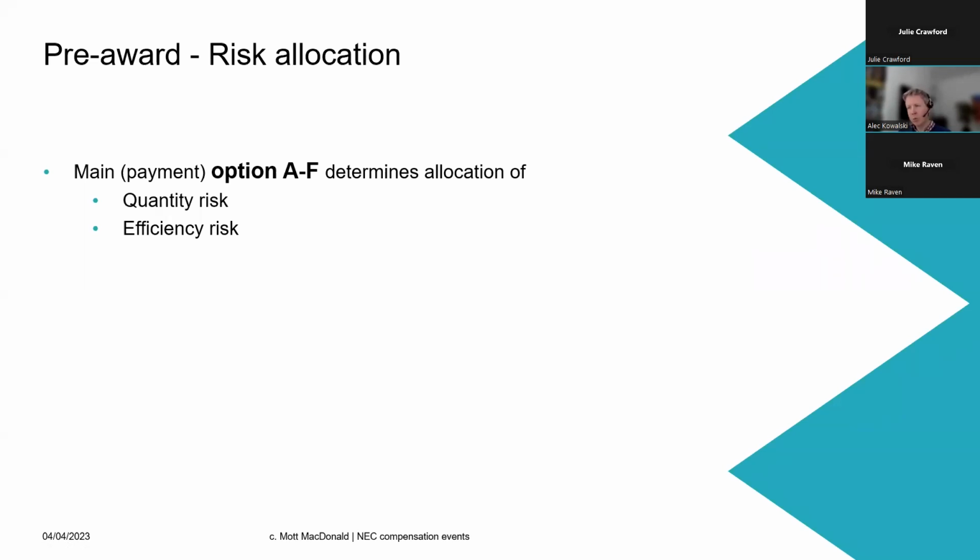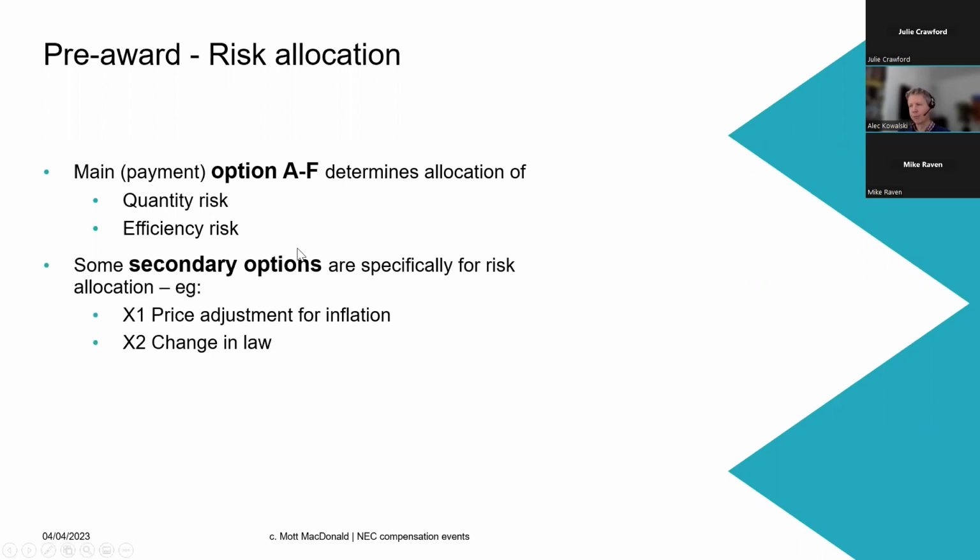Option E is much more suited to things like emergency works, or where the scope is really not very clear, because in those circumstances, the contractor would price in lots and lots of risk, which is perhaps not the most efficient way to price things. So we've already made a decision when we've picked our main option about how we're going to share risk between the client and the contractor.